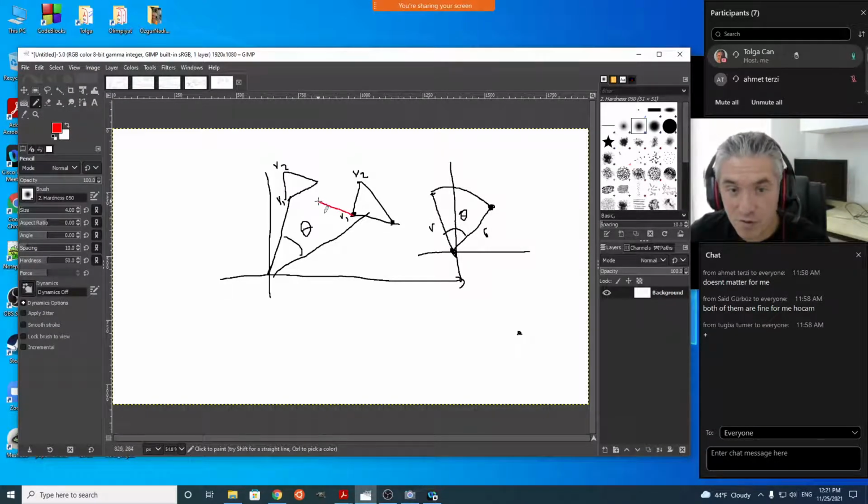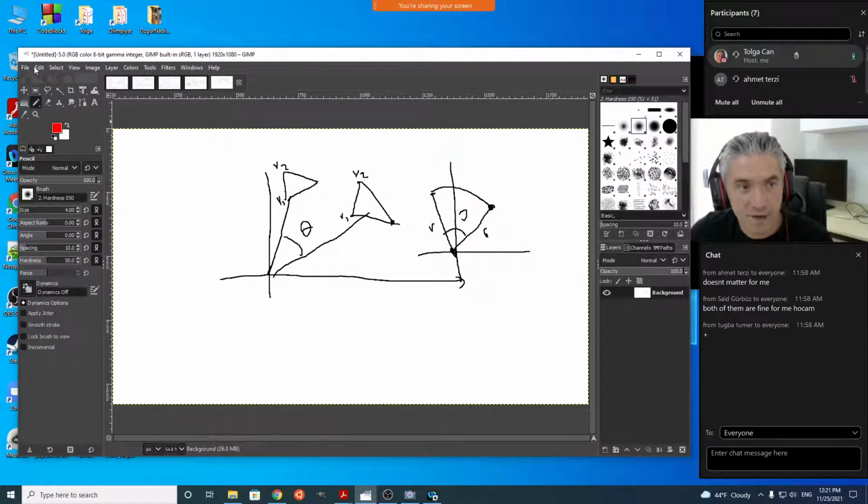I'm not drawing it to scale, but if you rotate it around V1, as you can see, V1 did not change, because rotation around V1 doesn't change the point V1. But if you rotate V2 around V1, it changes, right? Look at this, this many degrees. V1 is like the origin in this case, and V2 changes its location.